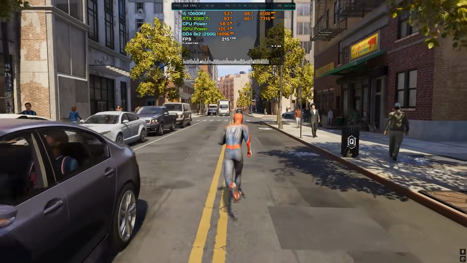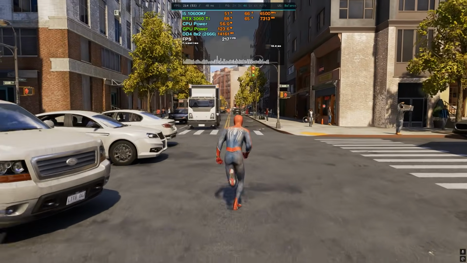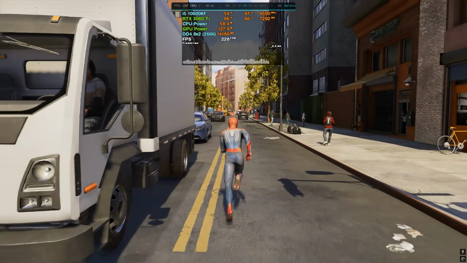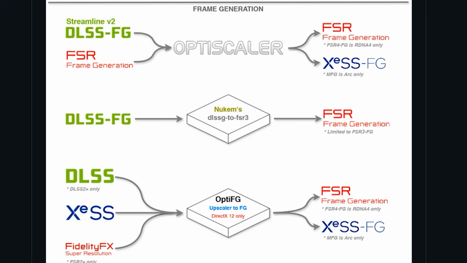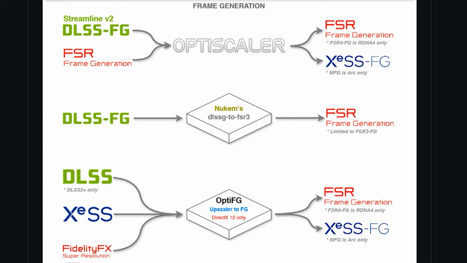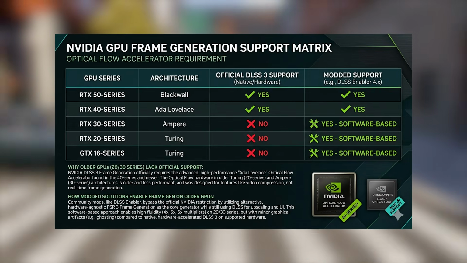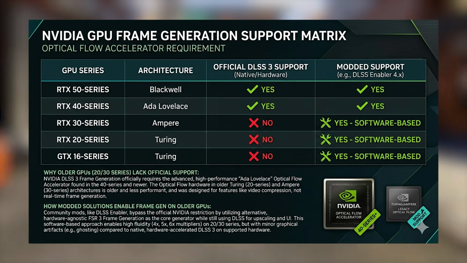Before we dive into the benchmarks, I need to be transparent about the limitations. Since we are running this on an RTX 20 or 30 series card, we are relying on a software-based implementation of FSR3 frame generation. Unlike the RTX 40 series, our cards lack the dedicated hardware optical flow accelerators required for native DLSS 3.